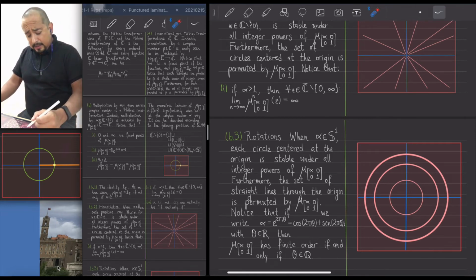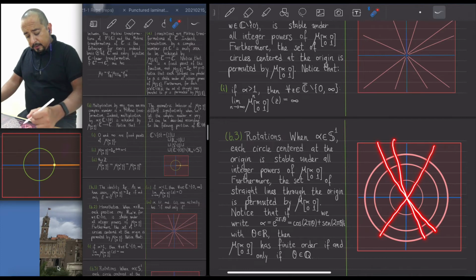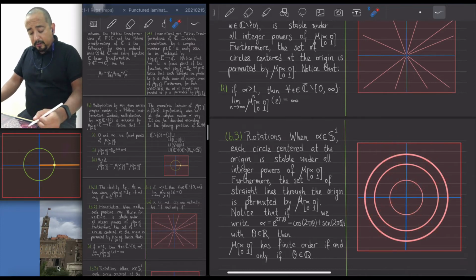If you take any open ray and you rotate it, you get another open ray. So the open rays connecting 0 to infinity form such a family. Multiplication by alpha, which is rotation by theta, permutes them.